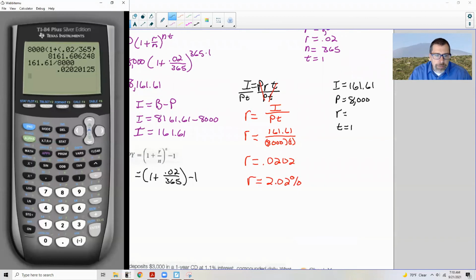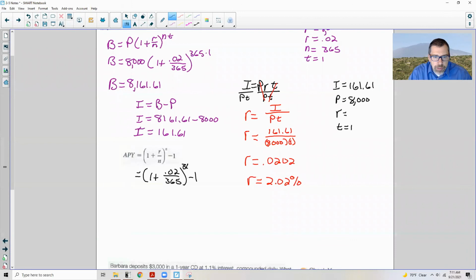So let's just check that. So it's going to be parentheses 1 plus another parentheses 0.02 divided by 365, close the parentheses, minus 1. Okay, that did not come out right. One moment. Okay, I forgot my power.